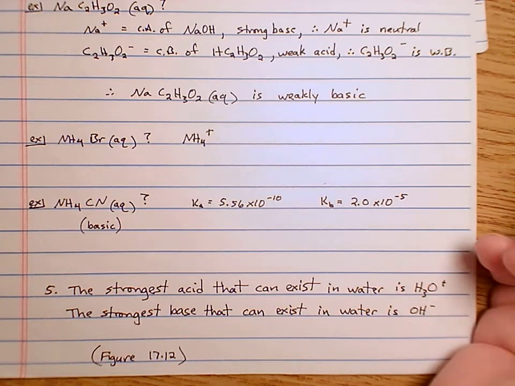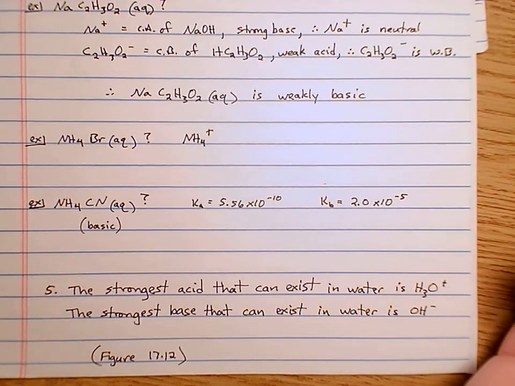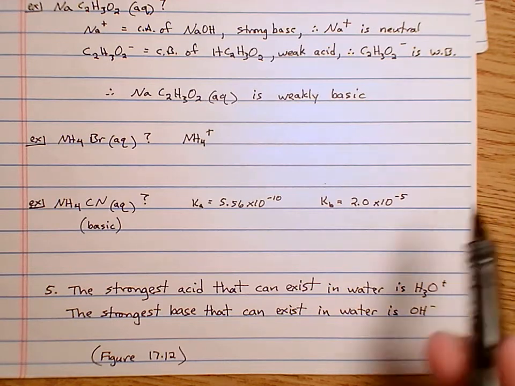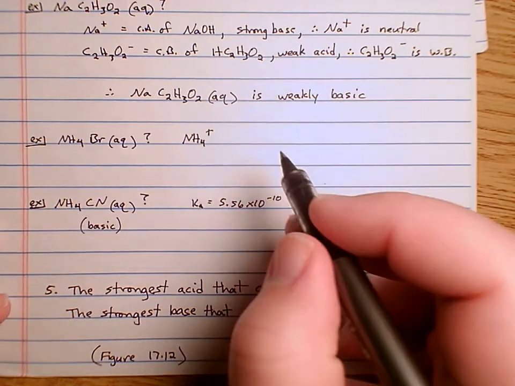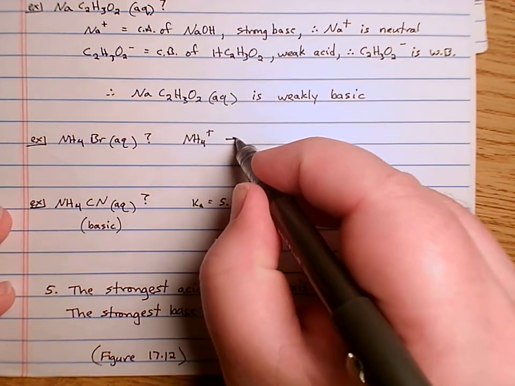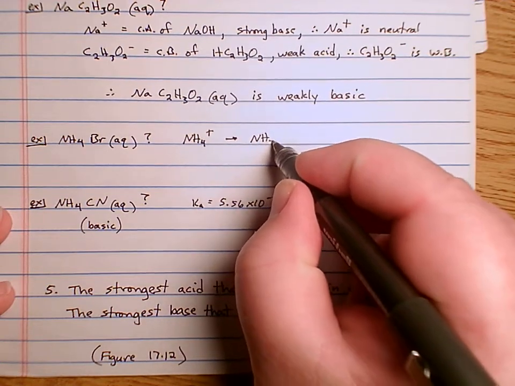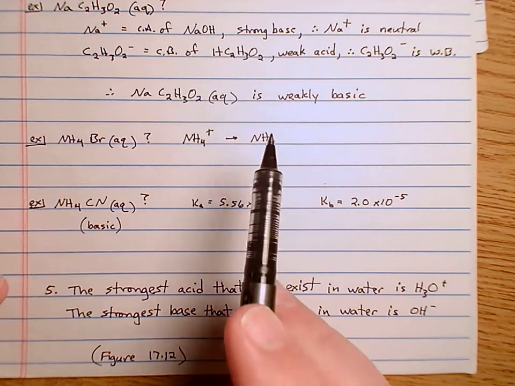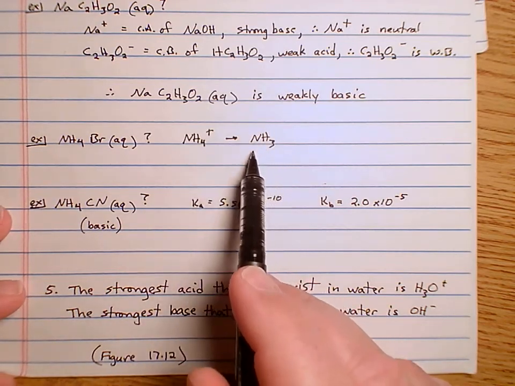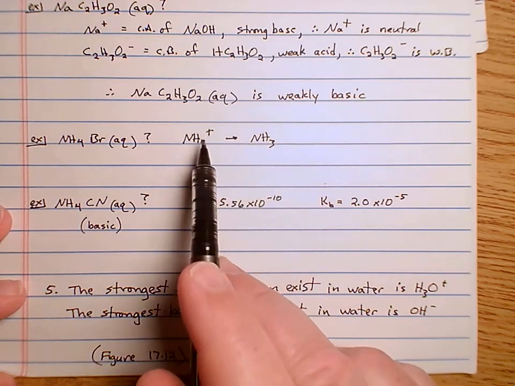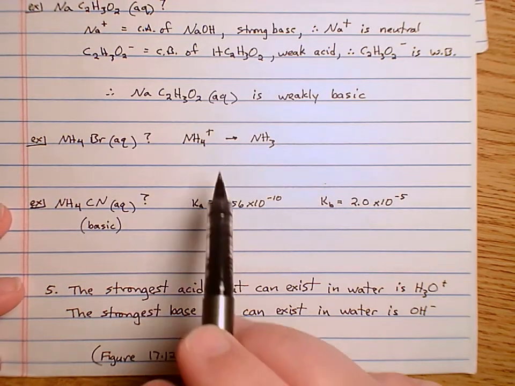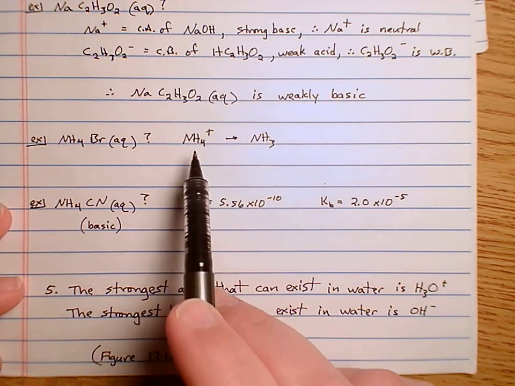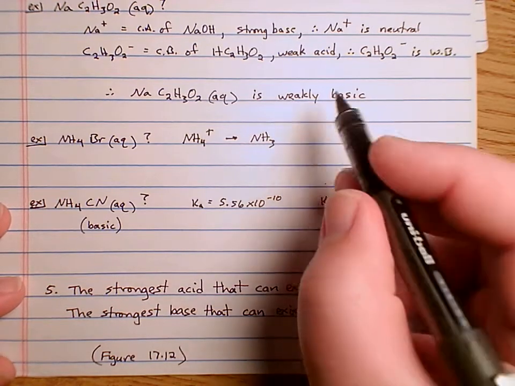What is the base that NH4 plus comes from? What accepted a proton to become NH4 plus? The answer is it comes from NH3. The conjugate base of NH4 plus is NH3. Another way of saying that, the conjugate acid of NH3 is NH4 plus.